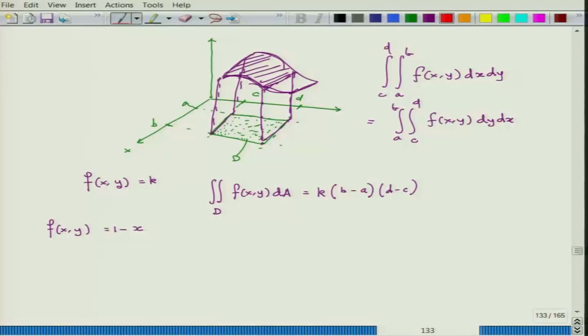So, in this case my domain D is the Cartesian product of [0, 1] into [0, 1]. So, it is the unit square with vertices at (0,0), (1,0), (1,1), (0,1).